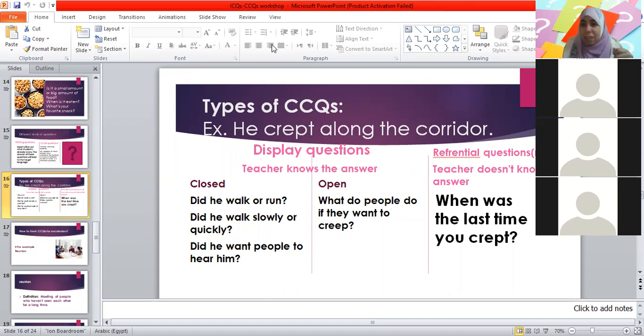Imagine that you walk quietly, slowly, and you don't want people to hear you or see you, exactly like a thief. So here students are supposed to stand up and act it out. So here I checked that they got the meaning of the verb creep or the past form of creep.